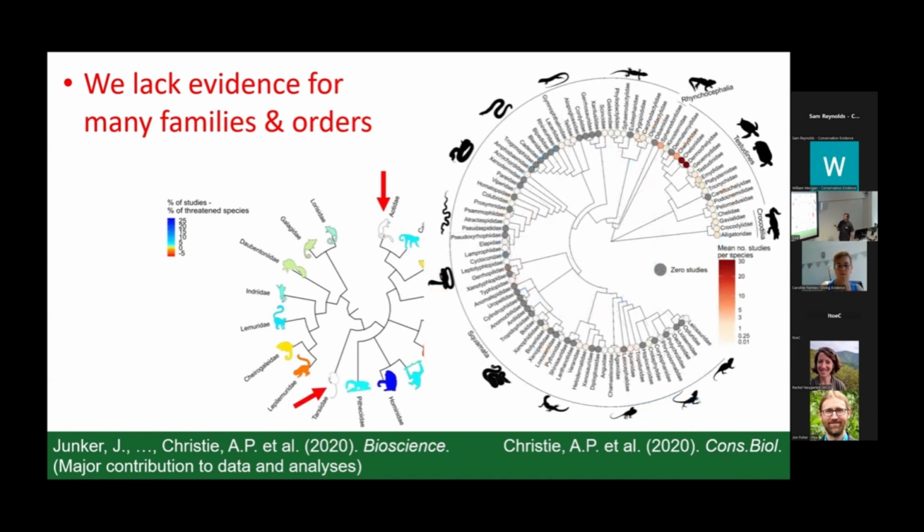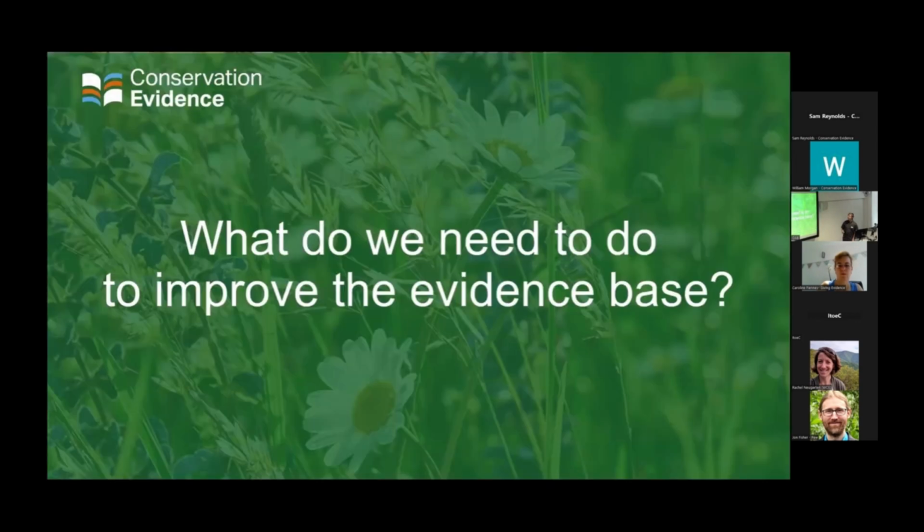We've done this for reptiles more recently. So the grey circles represent families of reptiles where we have no studies that tested the effects of conservation actions. So there are basically huge gaps and biases that we need to overcome.